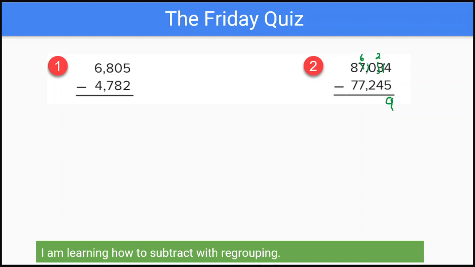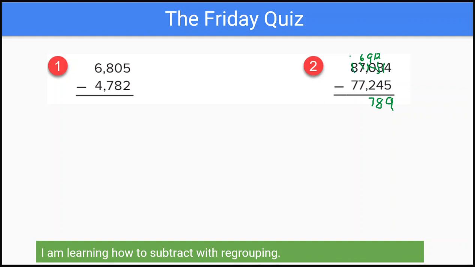Now I can borrow from that 10. I'm going to cross off this 10 and make it a 9. And this 2 can then become a 12. 12 take away 4 is 8. Okay, 9 take away 2 is 7. I have a 6 take away 7. Can I do that?